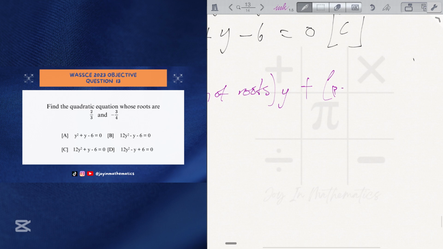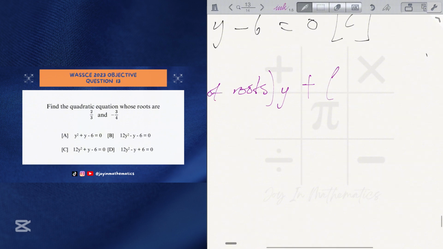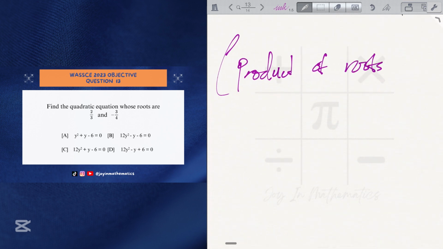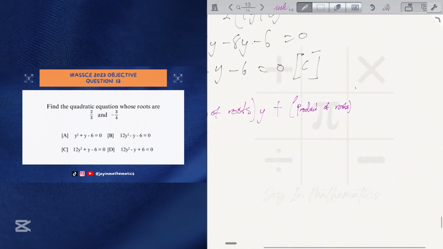So this is the formula for quadratic equation.